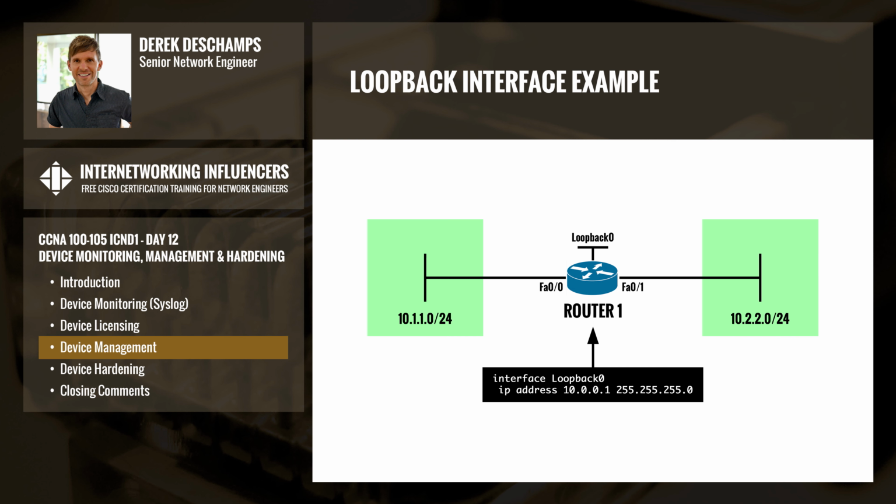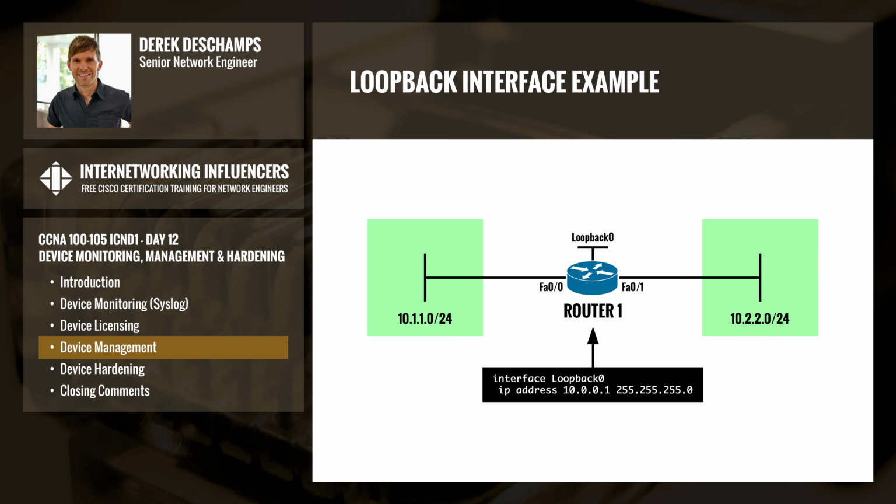For example, with this network, a loopback interface named Loopback 0 has been created on router 1. Loopback 0 has been assigned the IP address 10.0.0.1 with a subnet mask of 255.255.255.0.